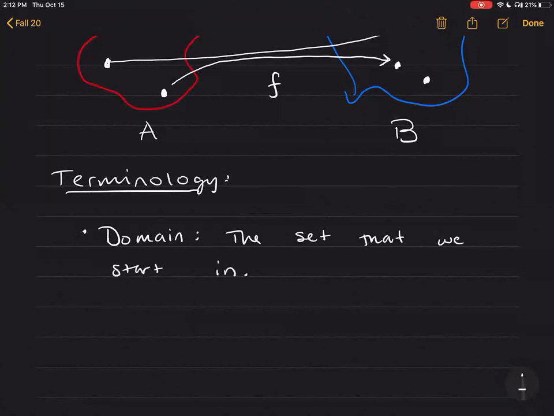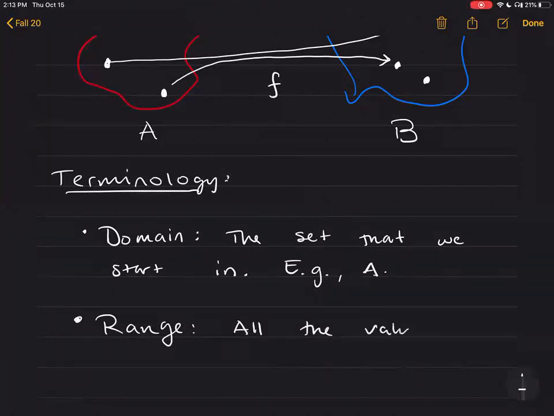It's the set of all things the function is defined for. In our example, this is A. The other word that you're going to want to know is range. This is all the values the function hits.